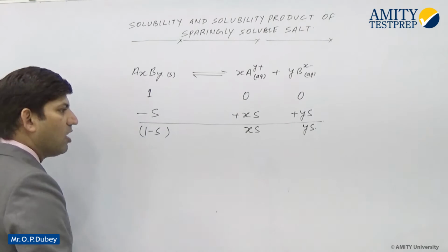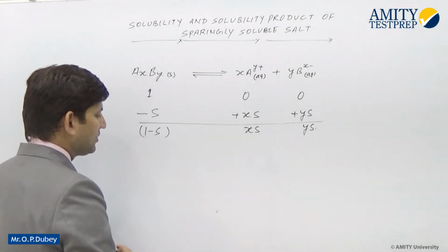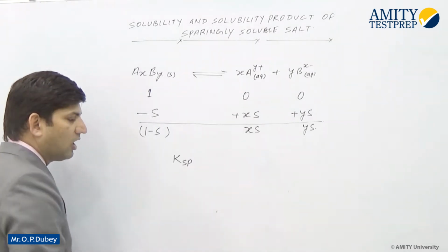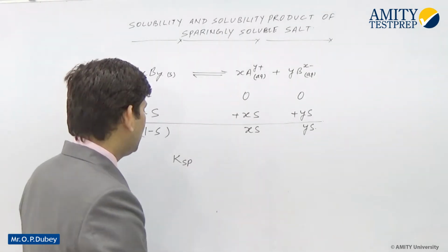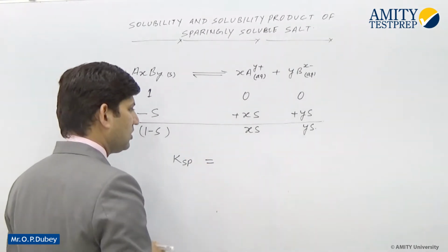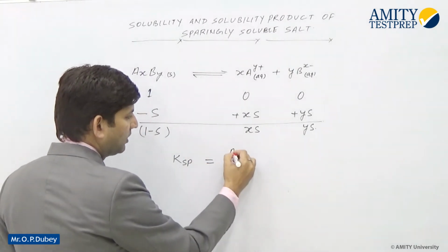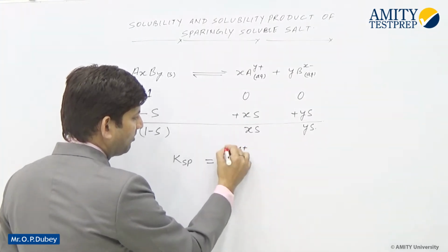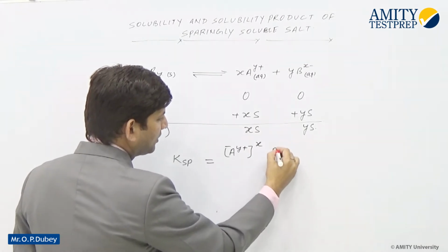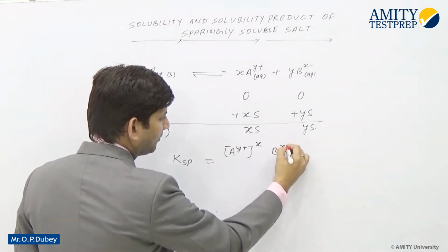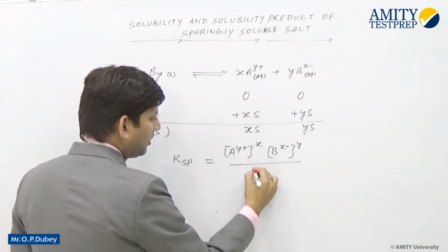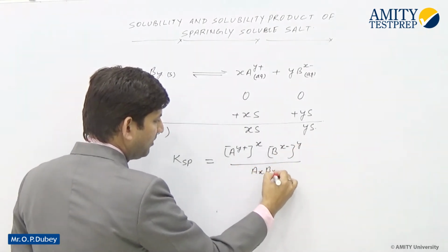The equilibrium constant of this reaction is denoted by Ksp, the solubility product constant of the sparingly soluble salt. The expression of Ksp is equal to the concentration of A^y+ raised to the power x, multiplied by the concentration of B^x- raised to the power y, upon the concentration of AxBy.